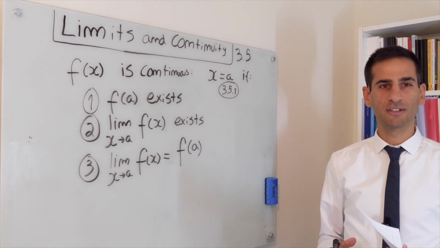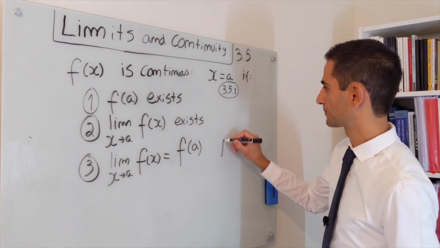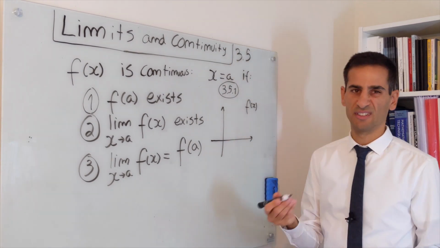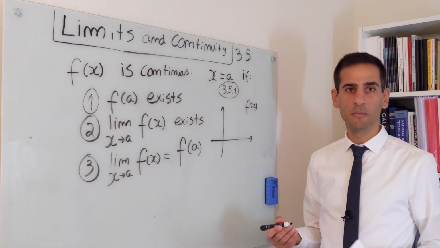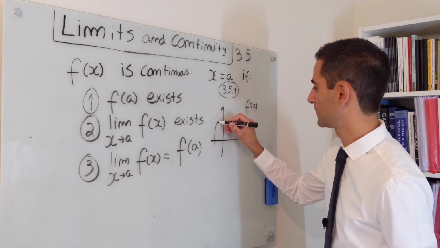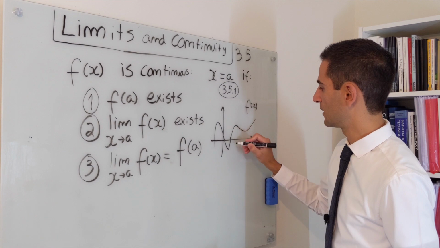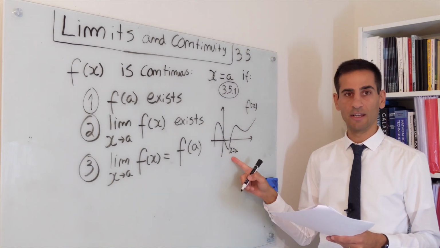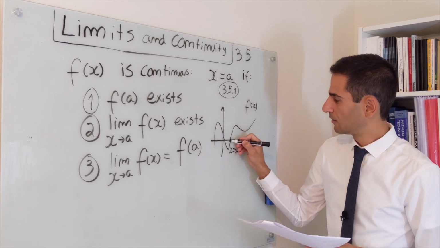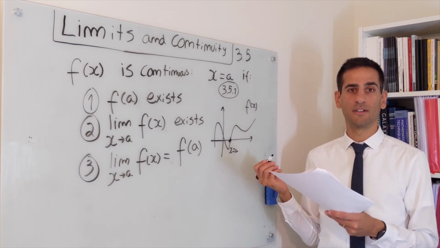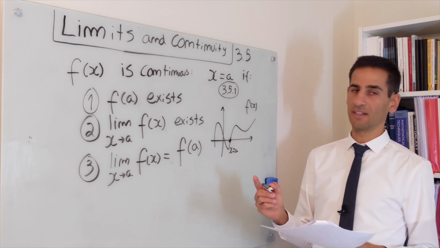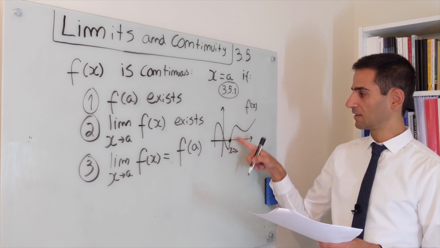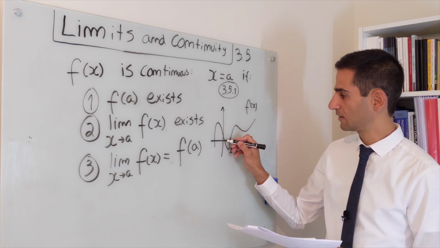So we'll come back to the functions we've already looked at, and I'm going to make up a slightly different f of x, just so it's not boring, but it serves the same purpose. So let's say that we're looking at this point, x equals a, and we want to see whether it is continuous. So the first thing is you look whether f of a exists. In this case, it does. It is defined. You could see it.